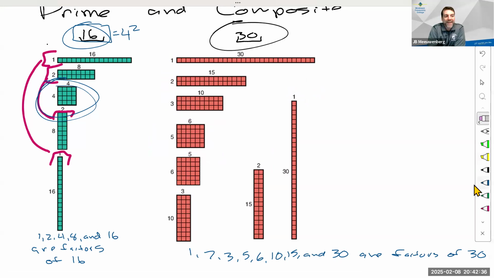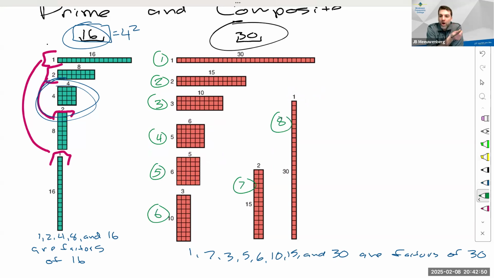If your question is, what are all the factors of 30? And you draw this picture, and then this one, 3, 4. So you draw them in this order, 5, 6, 7, and then 8. If you draw those, and your goal was just to find the factors, my question is, did you have to draw all of those pictures? And if not, when could you stop?